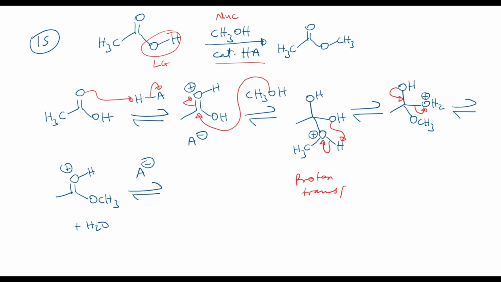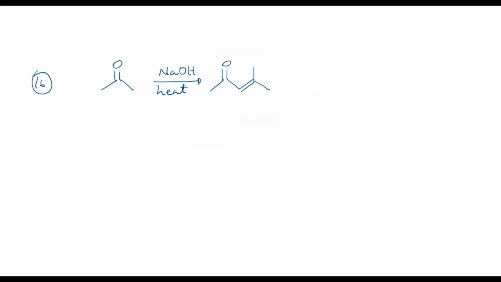To do that, we can use the conjugate base that was formed earlier on to remove the proton. And the catalyst is regenerated. So this would be the mechanism for this reaction.